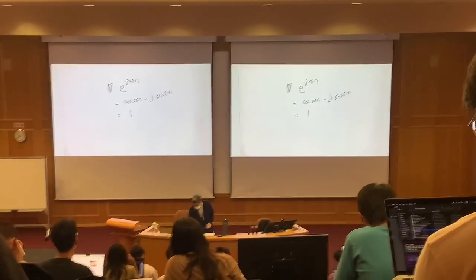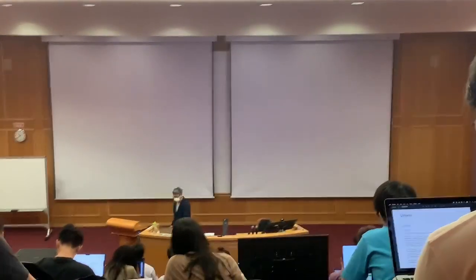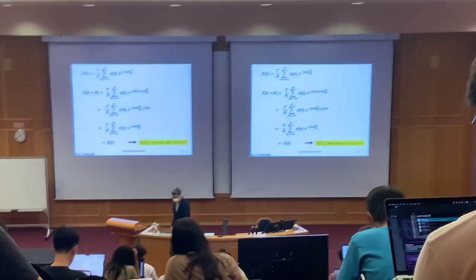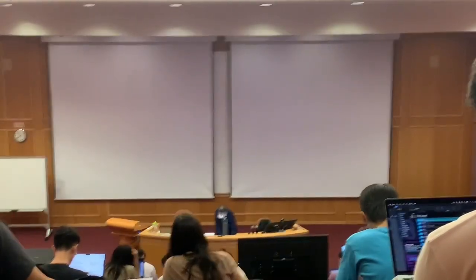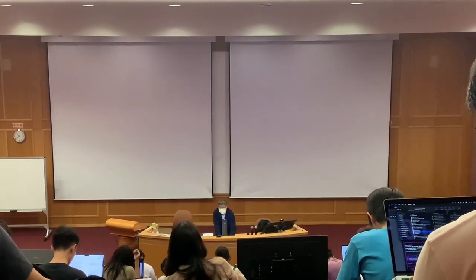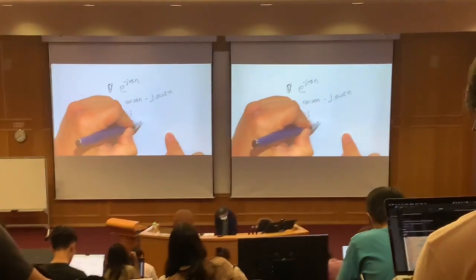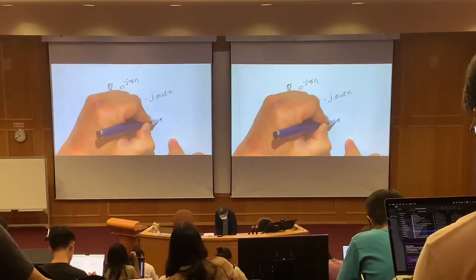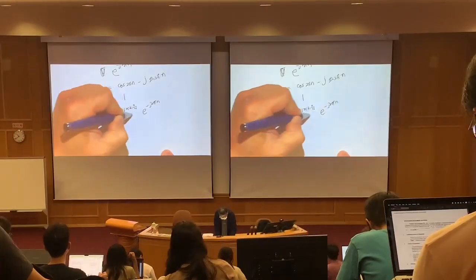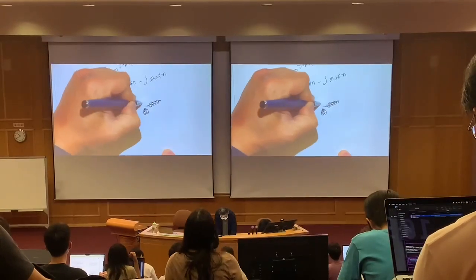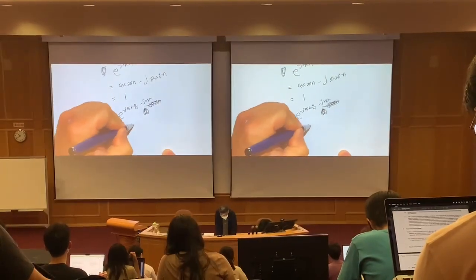So for that reason, this term can be taken out, because e to the minus j2 pi n multiplied by this, in case you forgot your exponential rule, the two exponents like that are equivalent to this, right?